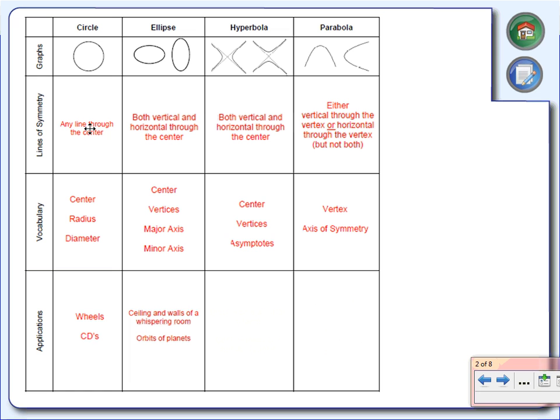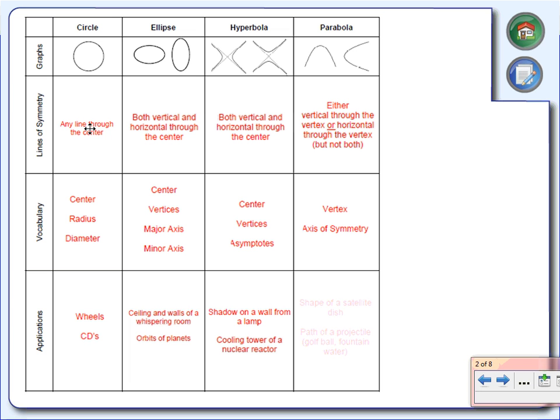Hyperbola, some applications there might be the shadow on the wall from a lamp, the cooling tower of a nuclear reactor. These are some places that we might find hyperbola. And the parabola.